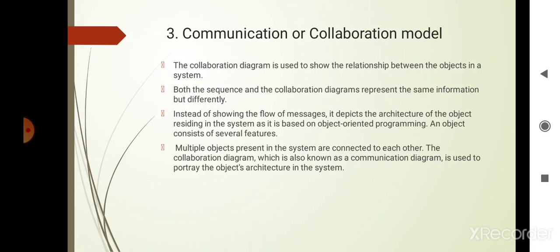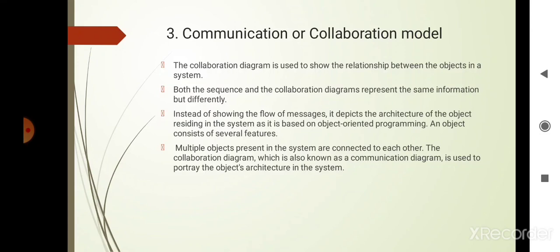The collaboration is a collection of named objects and actors with links connecting them, and they collaborate in performing some task. This collaboration diagram is used to show the relationship between objects in the system.